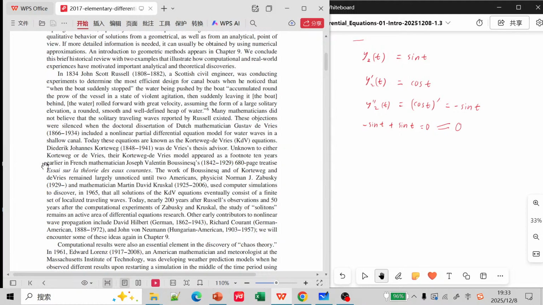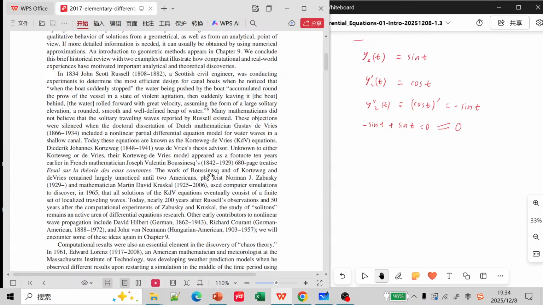Unknown to either Korteweg or de Vries, the Korteweg-de Vries model appeared as a footnote 10 years earlier in French mathematician Joseph Boussinesq's 680-page treatise Essai sur la théorie des eaux courantes.